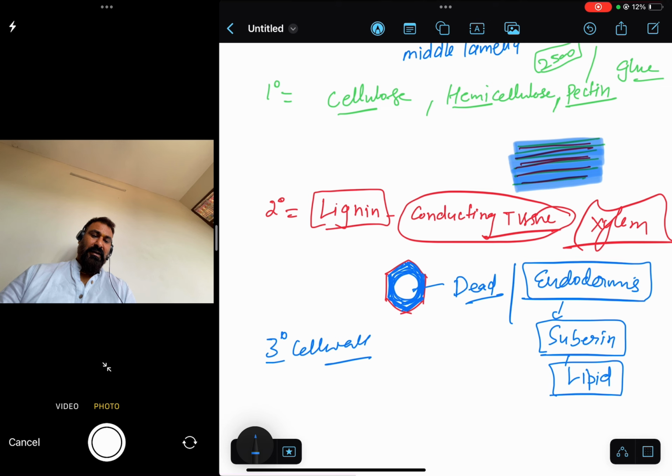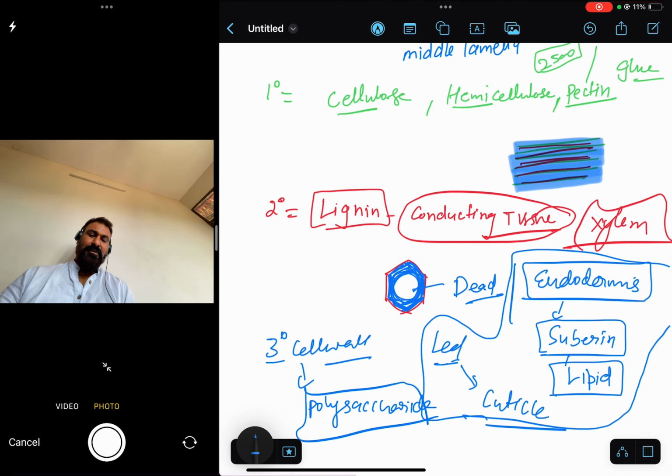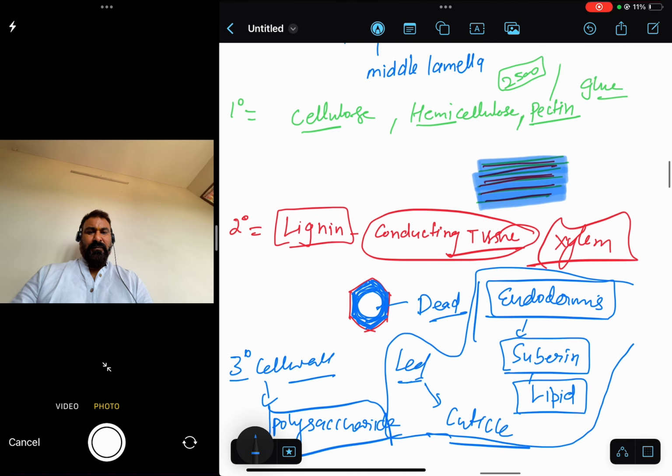Or if we see in the leaf cell, the deposition is of another type of lipid, that is the cuticle, which controls the transportation of water. And the tertiary cell wall is very rare, and if it is found, it may be either of lignin or any other polysaccharide. Okay, so these are the cell walls.